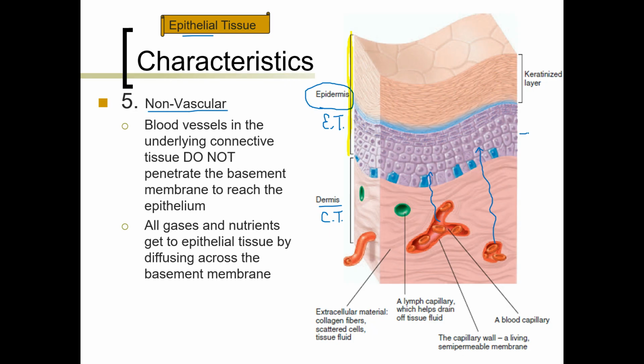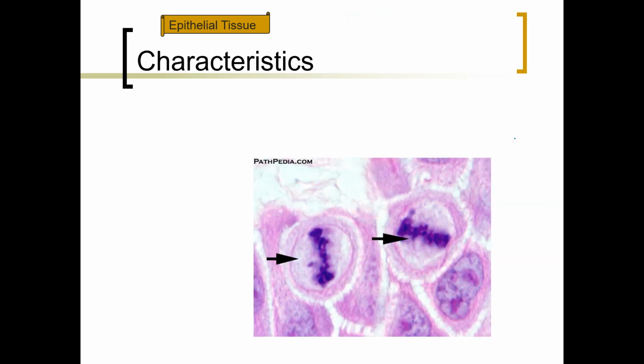They're going to be oxygenated. They're going to get the nutrients. But these upper layers up here are not. Gases aren't going to be able to diffuse that far. So those upper layers of the epidermis of skin are not alive because they weren't able to get the oxygen. So only the bottom layers are actually alive in this situation.